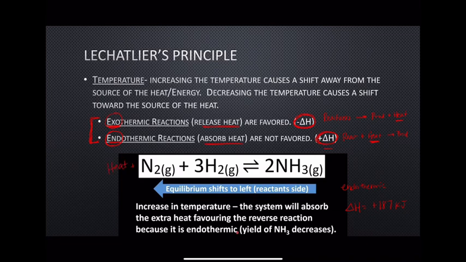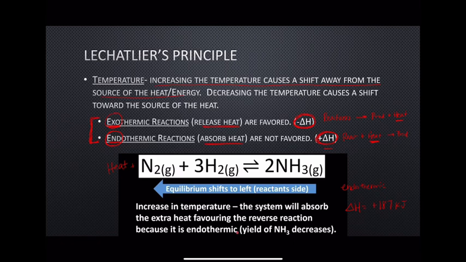It's absorbing heat, okay? Now, that's our basics. That's what we've got to know to work with this. So let's read what it tells us. It says, increasing the temperature causes a shift away from the source of the heat. Decreasing the temperature causes a shift towards the source of the heat.